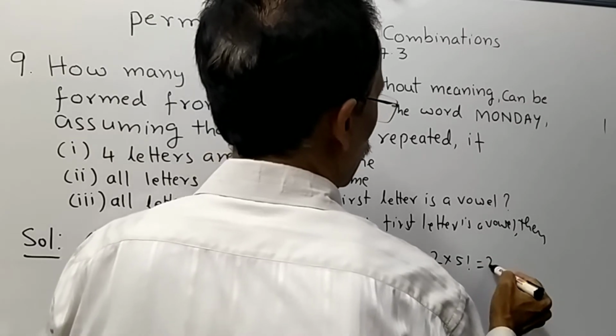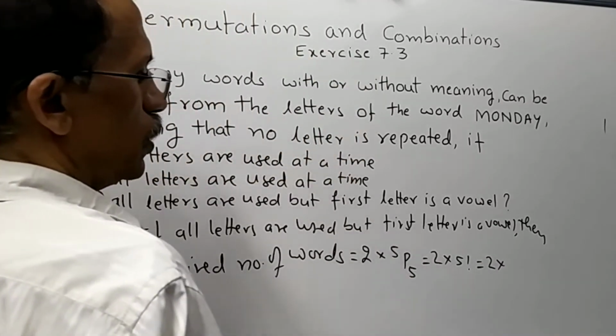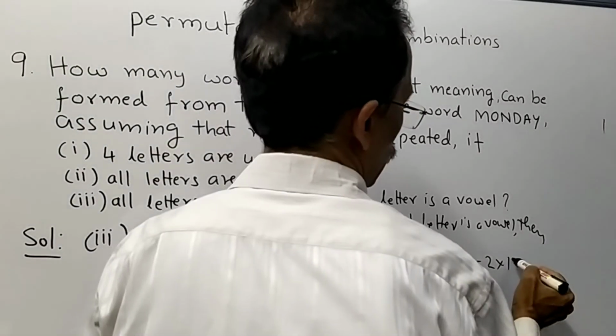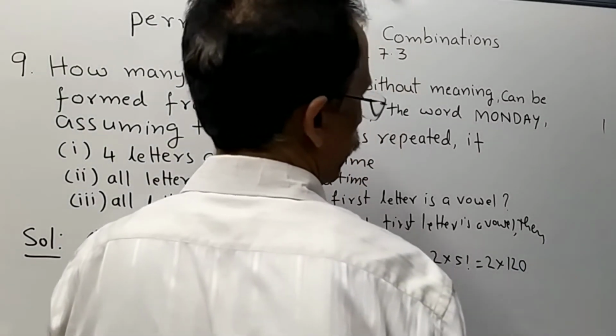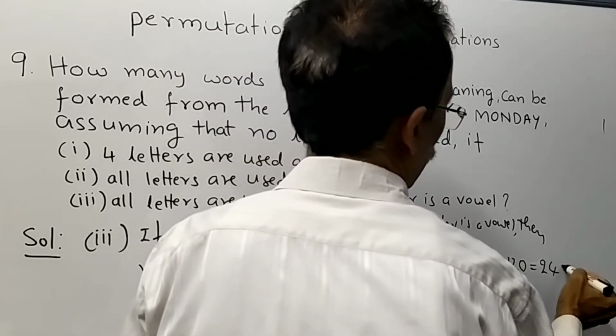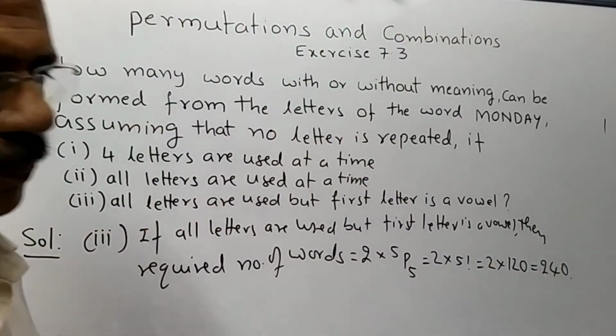What is the value of factorial 5? 120, so it is 240.